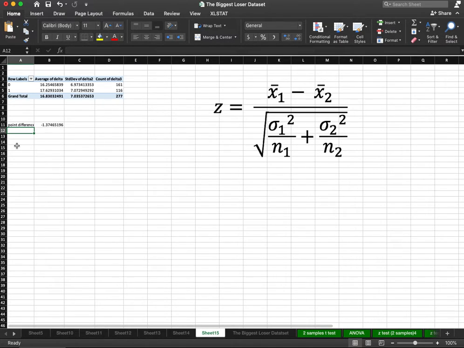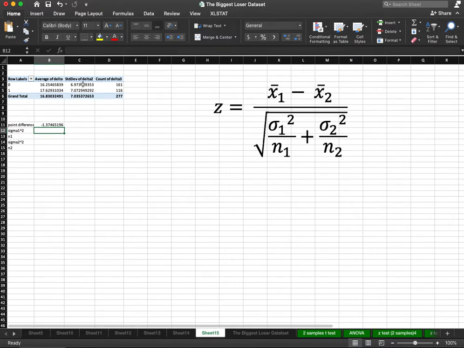Let's just do these in slow parts. So let's do sigma 1 squared, n1, sigma 2 squared, n2. Just so we have all these values very clearly with us.